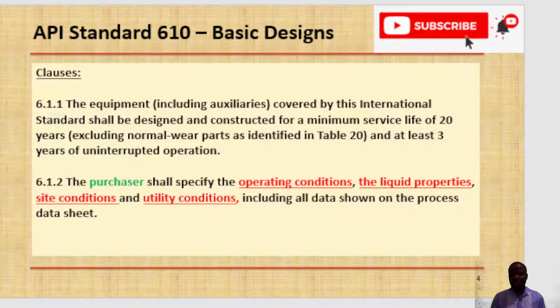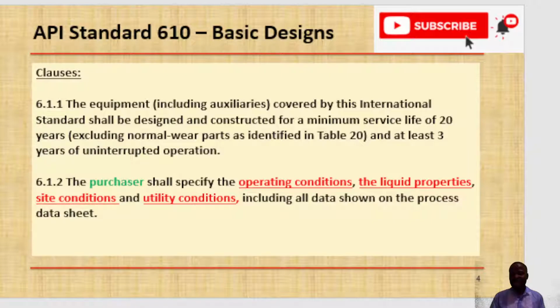So the centrifugal pump designed by API 610 is expected to have a minimum service life of 20 years, except those normal wear parts as indicated in table 20 of API 610.